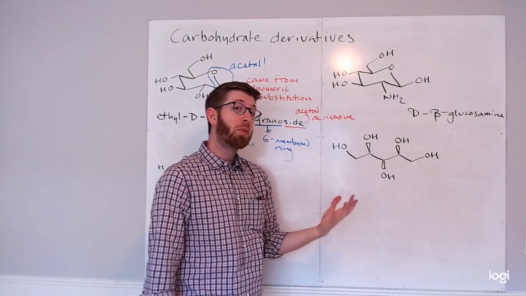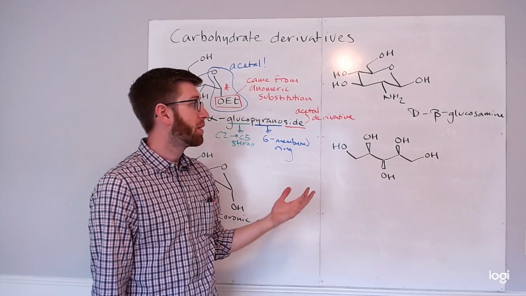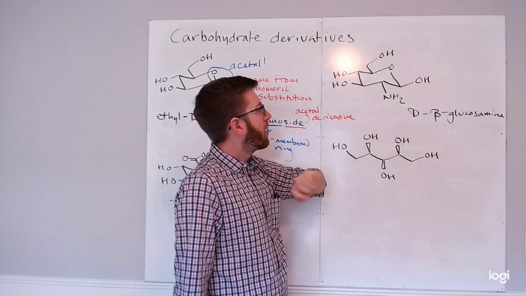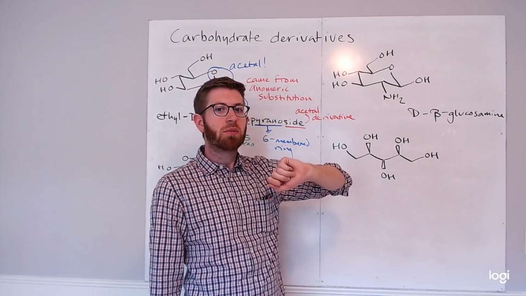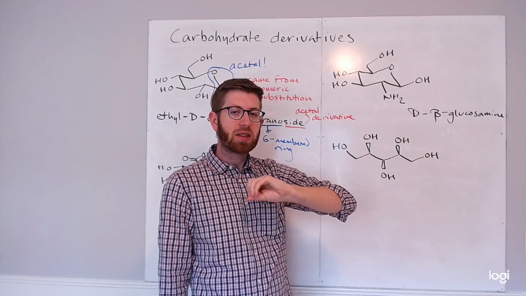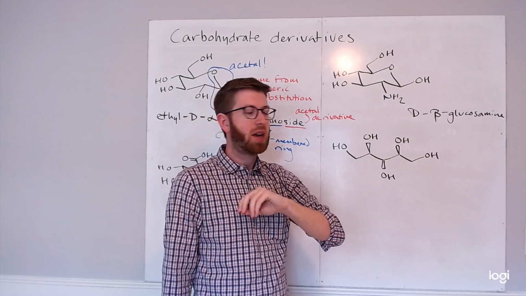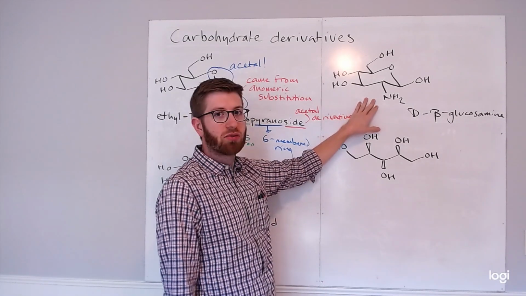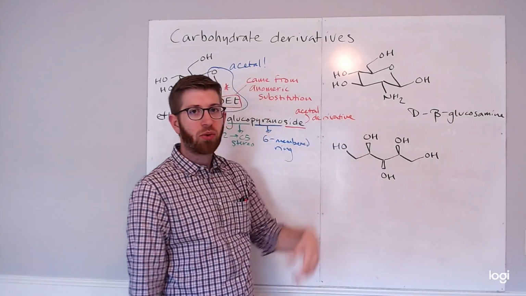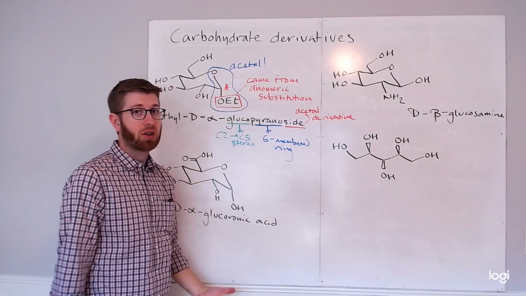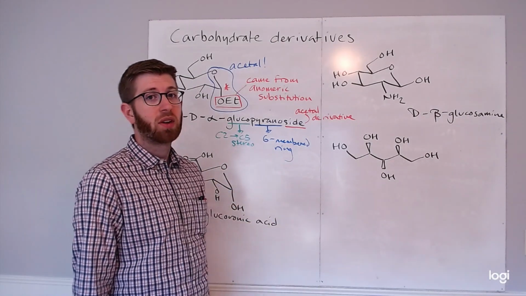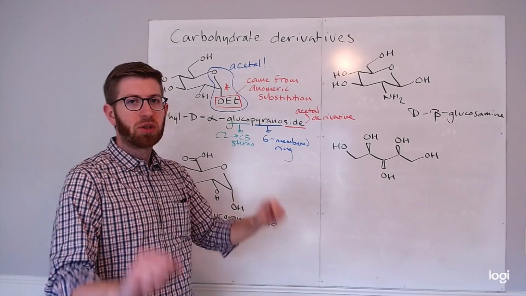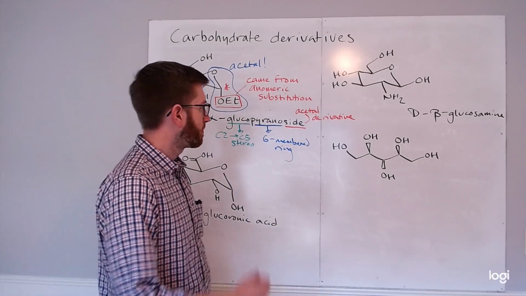Gluco, that's telling you about the C2 through C5 stereochemistry. Amine is, well, that thing. It's not necessarily obvious to me how we would make this as chemists, although we can. I don't want to go into that with you. This compound exists because it's essentially a direct substitution of an OH group for an NH2 group on a glucose molecule. So it is a sugar derivative, even though it has a nitrogen, which is not even part of our pattern of molecular formulas for carbohydrates.